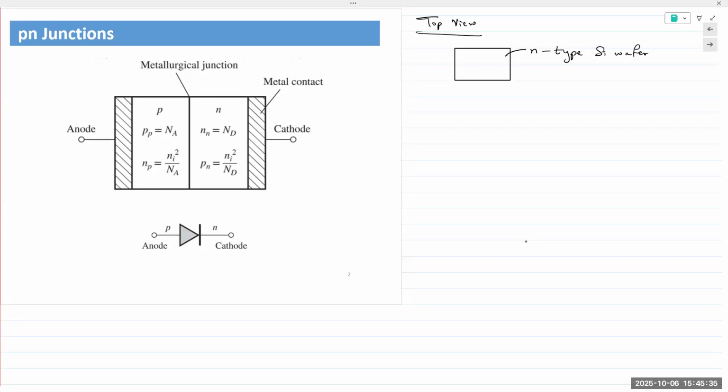And then inside this silicon wafer, you would create a p-type semiconductor. Okay. So looking at it from the side, if I was to take a cross section of this, it's going to look like this.